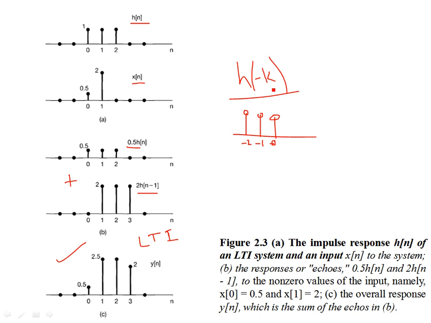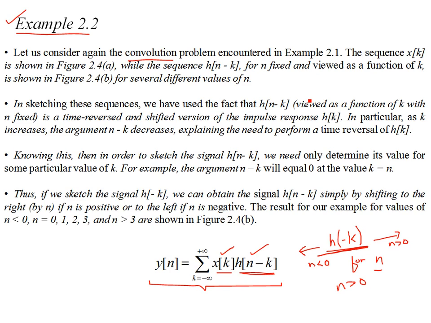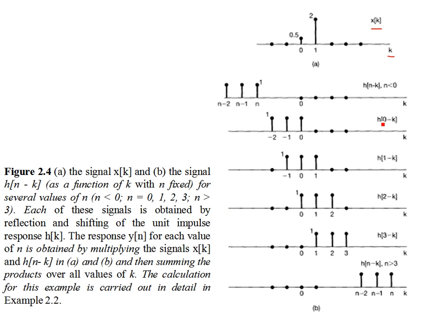Now I'm going to shift this towards left, towards right. So you see over here, this is h of minus k. This is 0, -1, -2. Now, to evaluate, for example, this evaluation for h minus k is done for the discrete time indices n which are less than 0 or negative, which means your sequence is going to shift towards left.